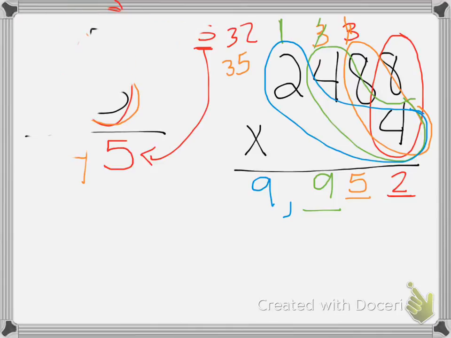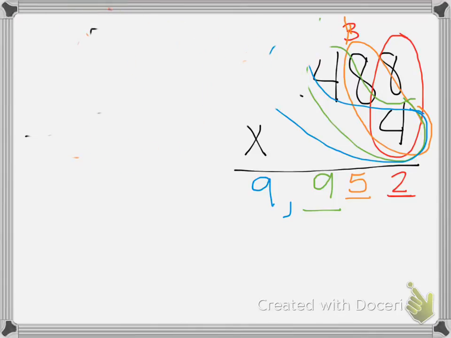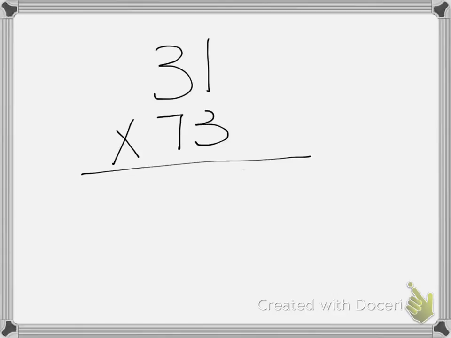Today what we practiced, as I erase it all, was two-digit by two-digit. And there are some extra steps because you now have that second digit you're multiplying by. So if I had 31 times 73, I start just like I did before.